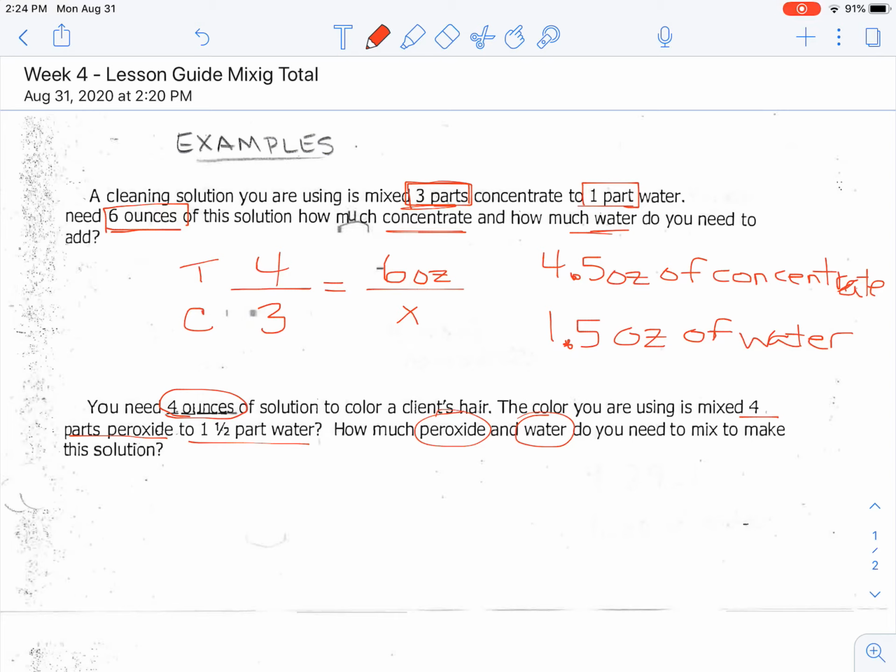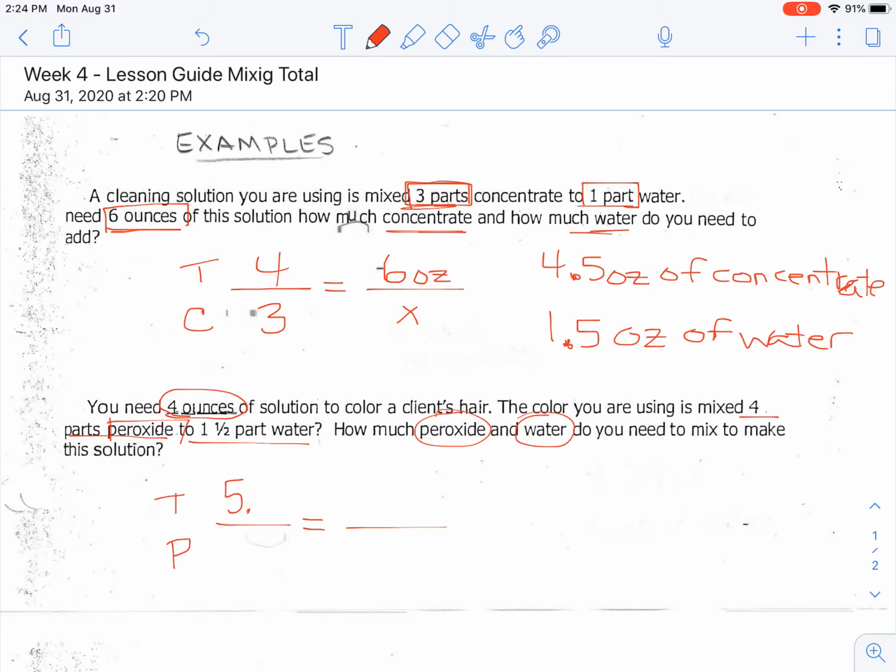So we're going to go total, and this time we'll use peroxide. Total number of parts is what goes up on the upper left hand corner. It's 4 parts peroxide to 1.5 part water, so there's a total of 5.5 parts altogether.